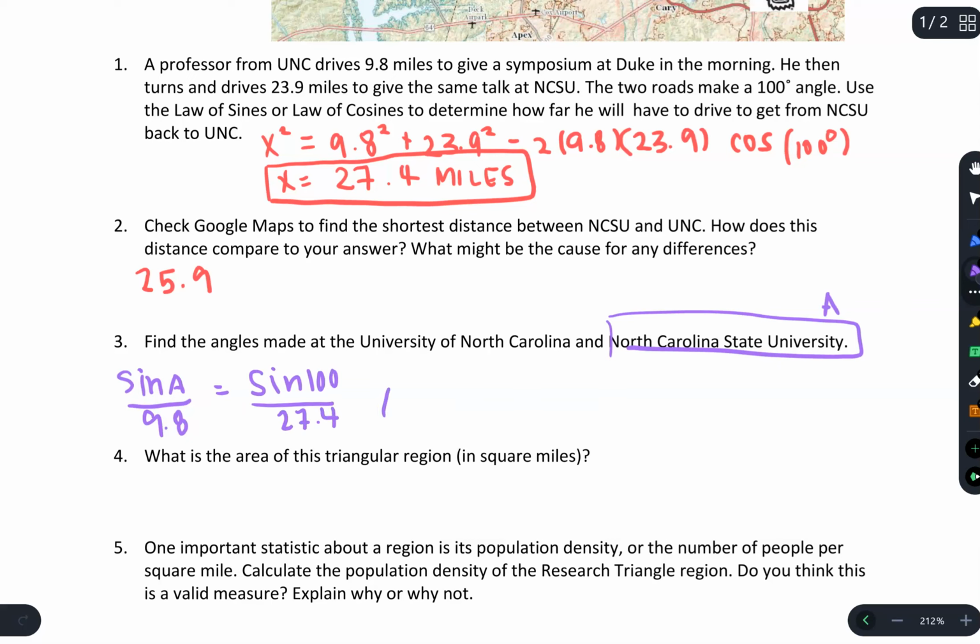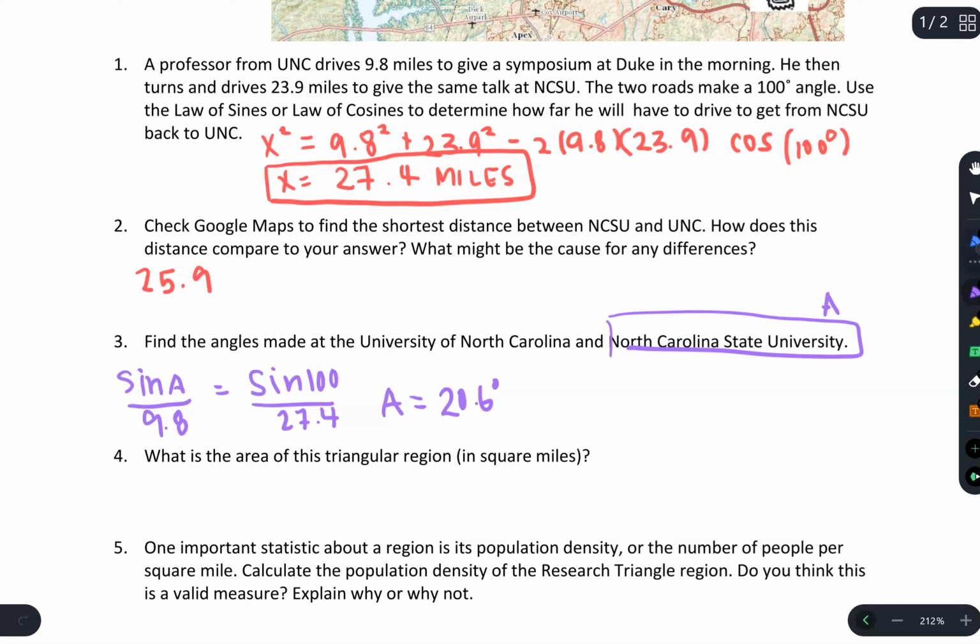When you plug that in your calculator, 9.8 times sine of 100 divided by 27.4, and then second sine that value, you get 20.6. Did everybody get that in your calculator? So 20.6 is the measure of angle A.